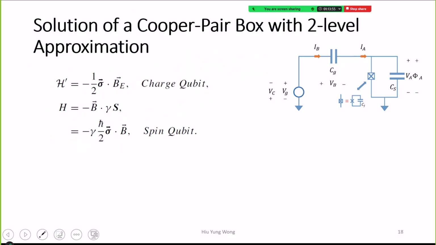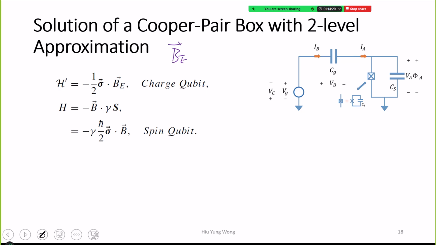This one resembles a spin qubit. If we look at the spin qubit, it was negative B dot gamma spin, right? And then eventually equal to sigma dot B. This is our charge qubit. It is equal to sigma dot BE, of course. Sigma dot BE, we need to make this very clear.